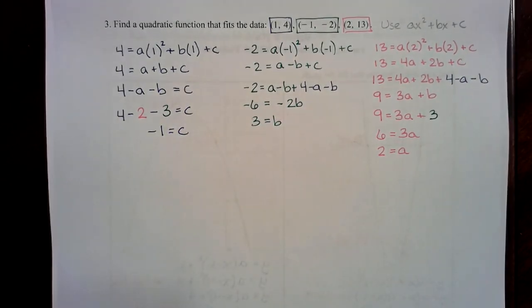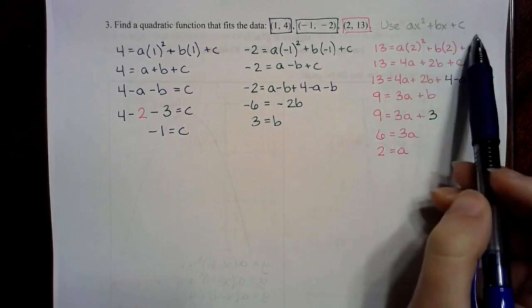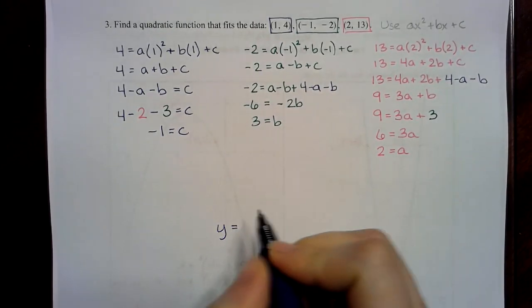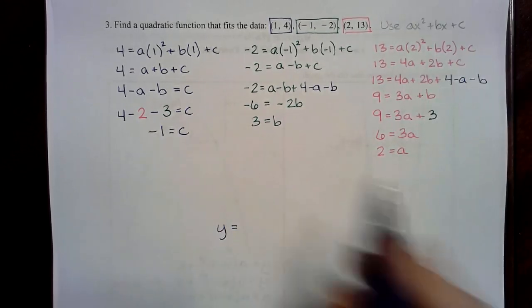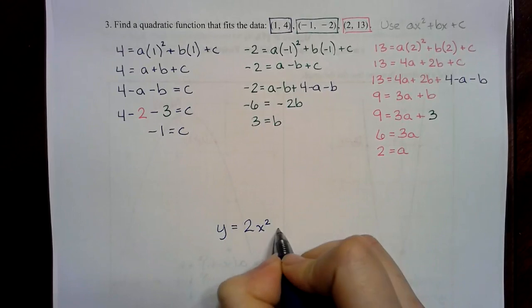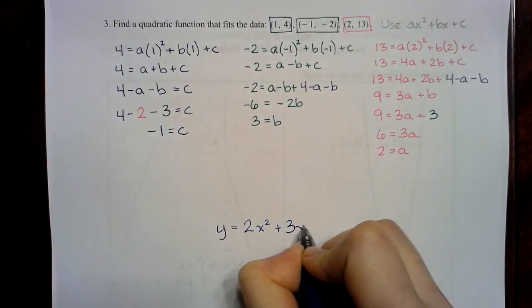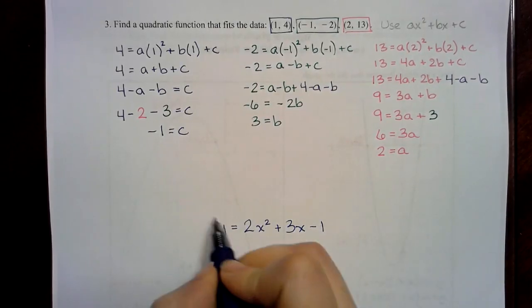And now I know a and b and c. So let's plug that back into this original formula to get my equation. So y equals a, negative 1, not negative 1, a is 2, x squared, plus b, just 3, x, plus c, which is minus 1.